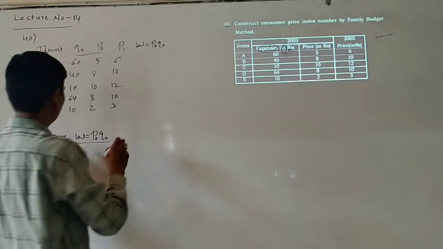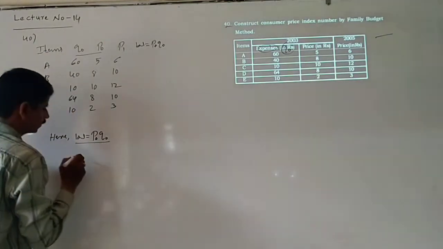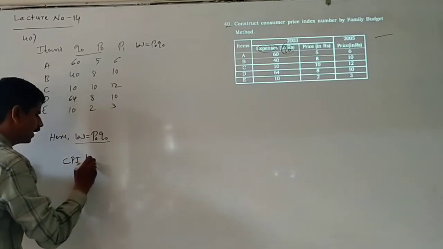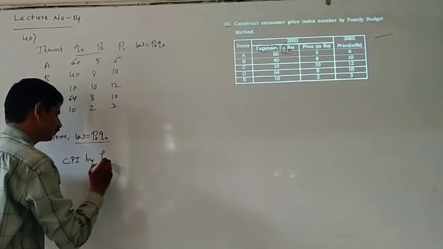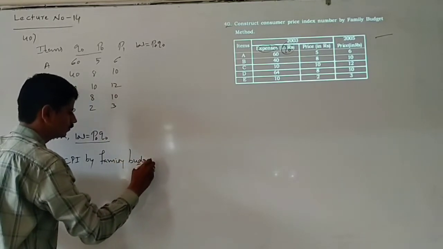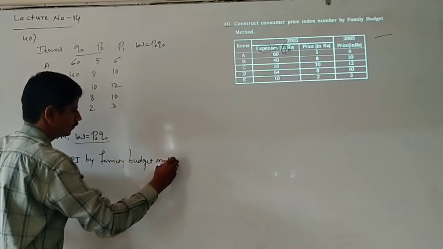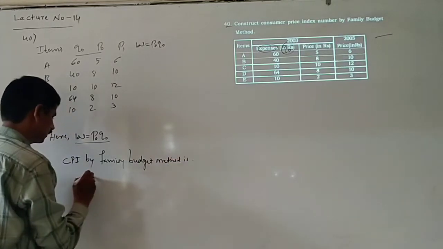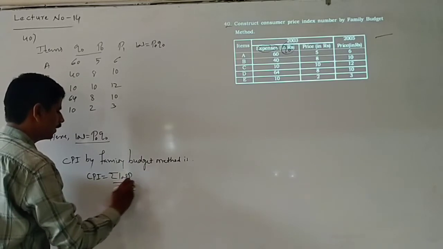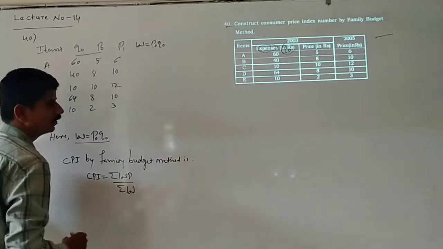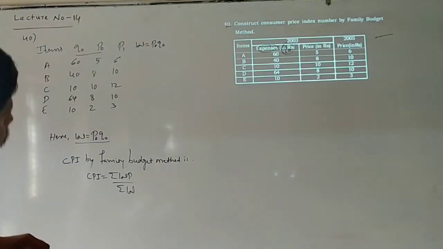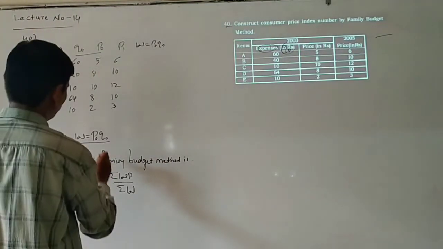And next you have to find the CPI by family budget method. CPI equals sum of WP by sum of W. Here W is nothing but P naught into Q naught.